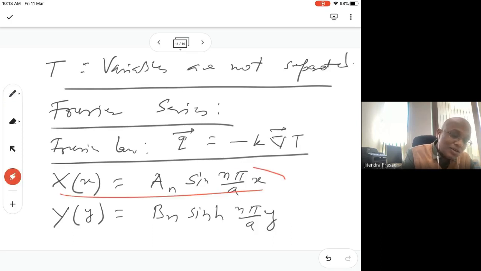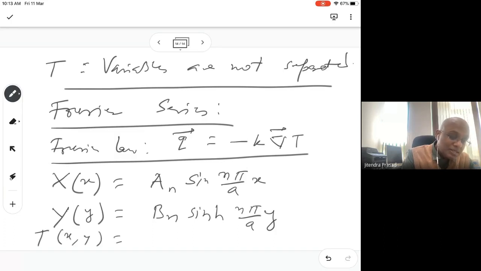Both of them are solutions. Only thing is we will multiply them. So basically T(x,y) becomes an bn sine n pi over a x sine h n pi y over a.